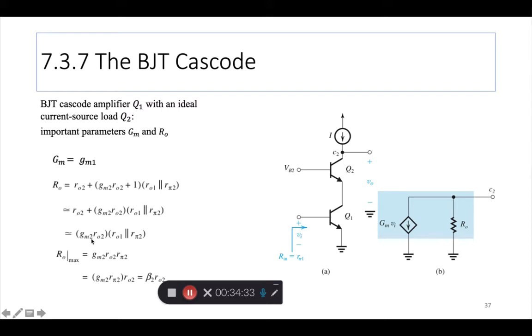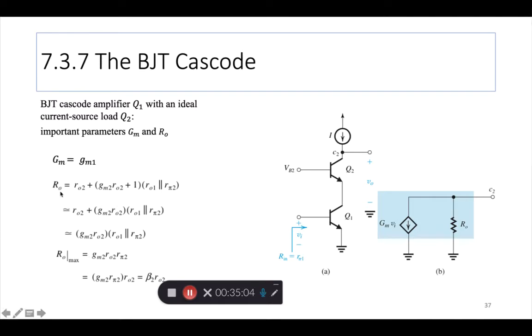So you take this factor and you multiply it by the parallel combination of the output resistance of Q1 and the input resistance of Q2, which is r pi 2. Remember, in BJTs, r pi means the input resistance and ro means the output resistance of the individual devices.